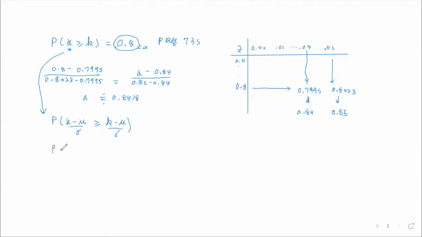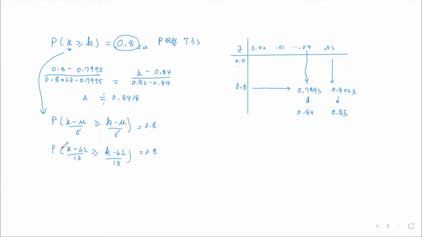And then you replace, correct? From this question, mu is 62, SD is 13, so greater than K minus 62 over 13, and this equals 0.8.